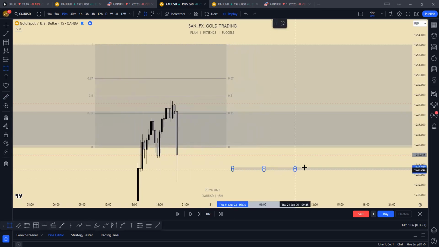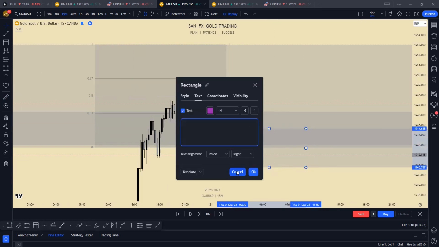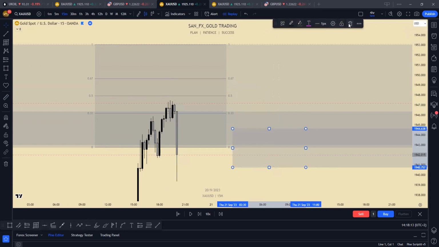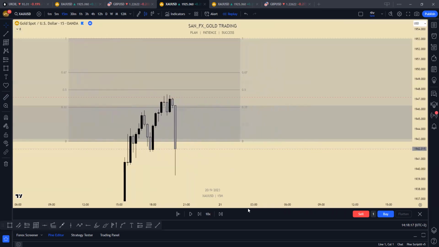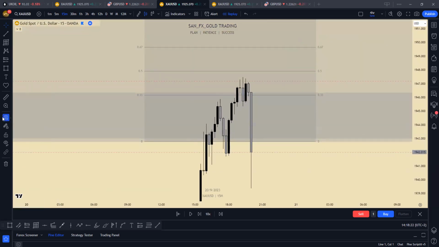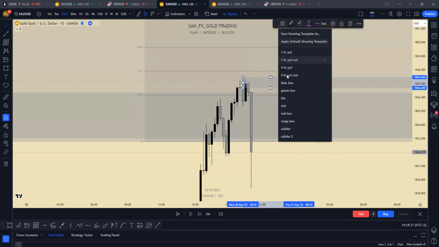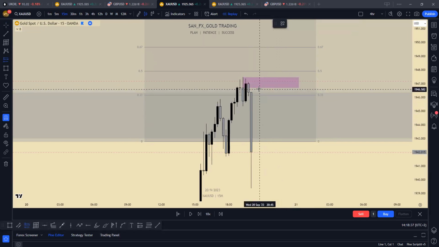One second, guys. Sorry. I like to use the wick as an entry zone. Then use this.